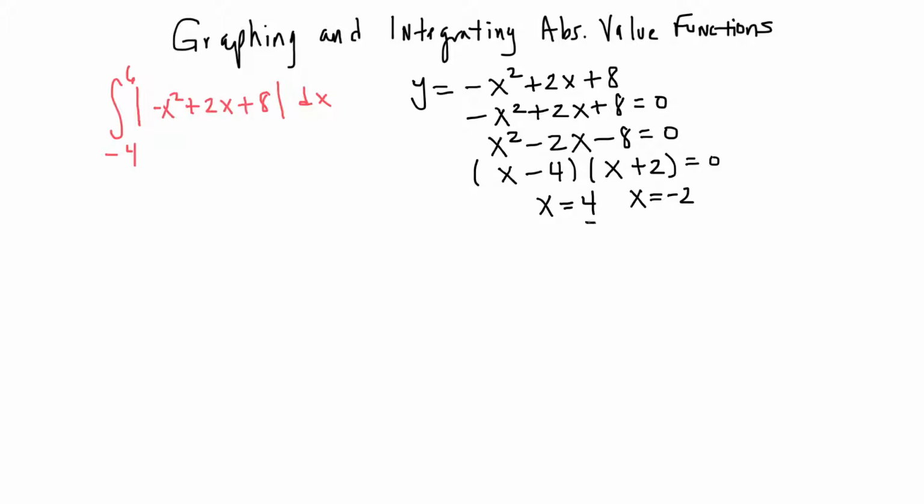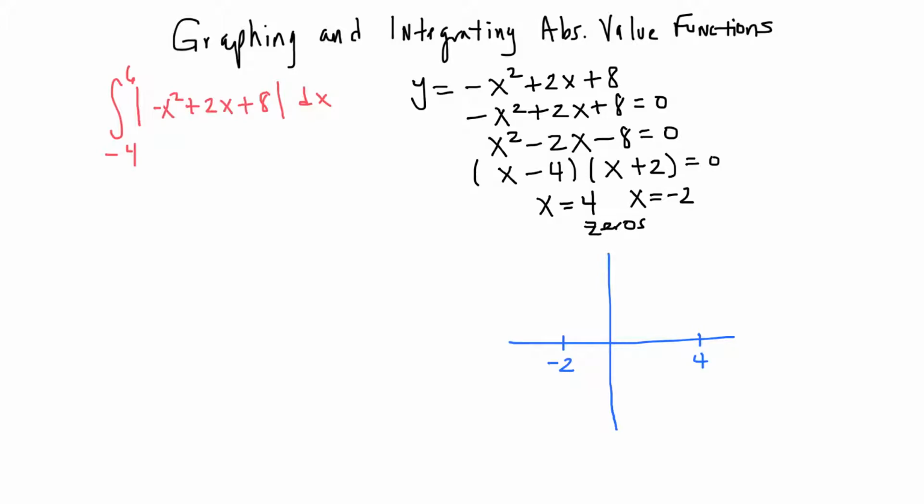And these are the zeros. This is where the quadratic crosses the x-axis, and I know that it opens downward. I can now attempt to graph it according to what I have up to this point. I'm going to draw an xy plane, and at -2 I have a 0, and at 4 I have a 0.